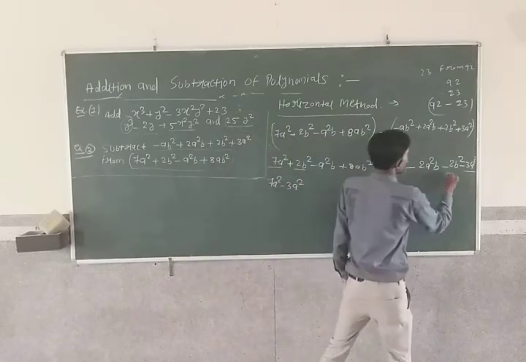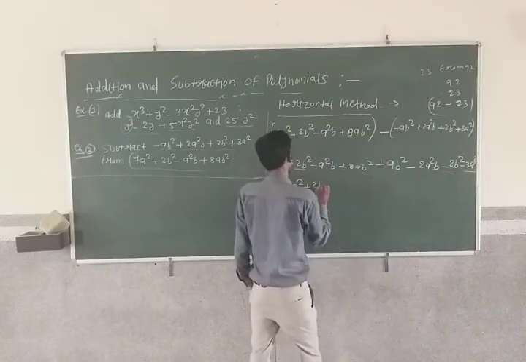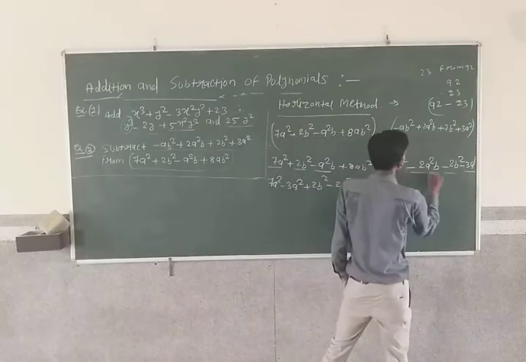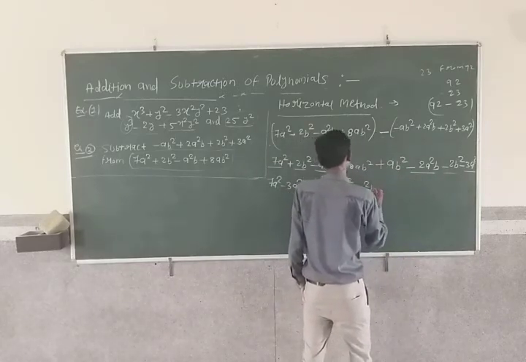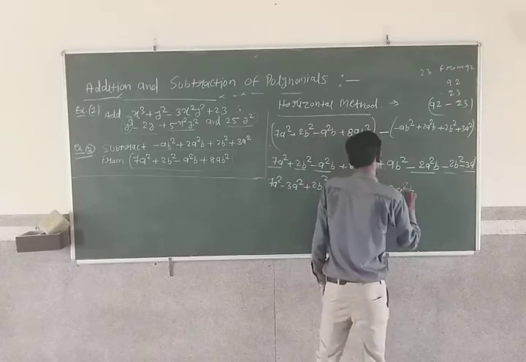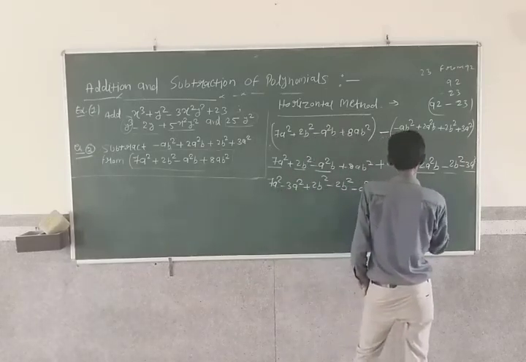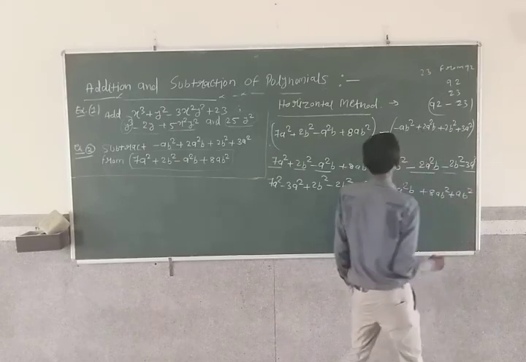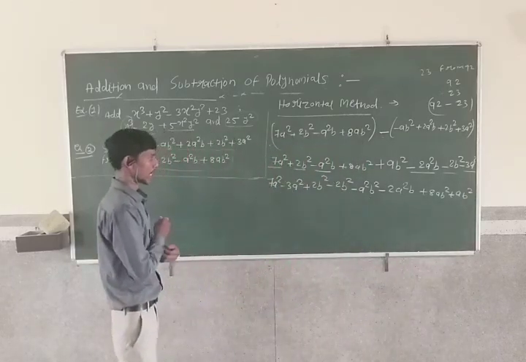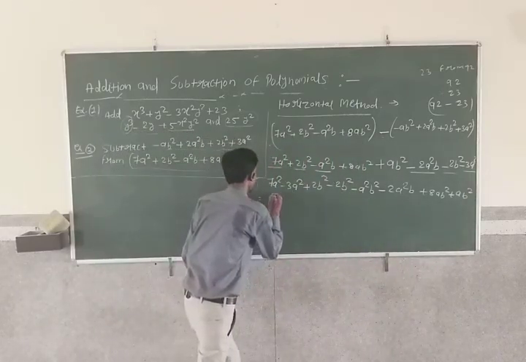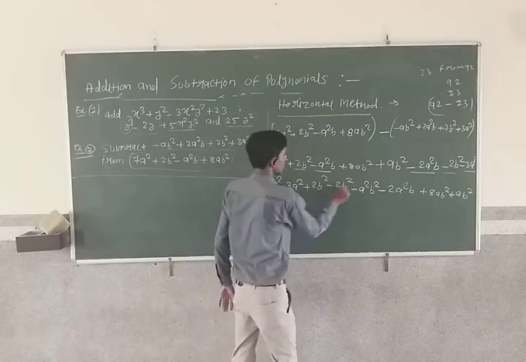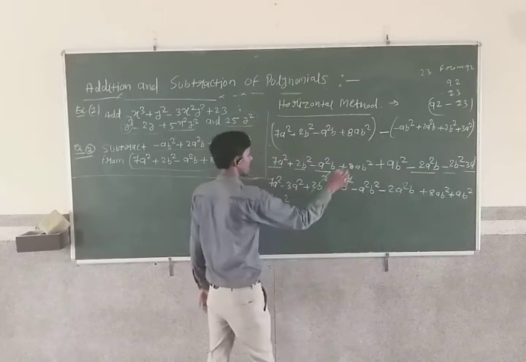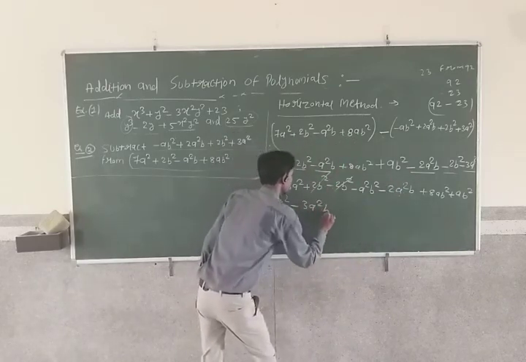This 2b square and minus 2b square will be written together: 2b square minus 2b square, which is 0. Then minus a square b minus 2a square b, minus 1 minus 2, minus 3a square b.